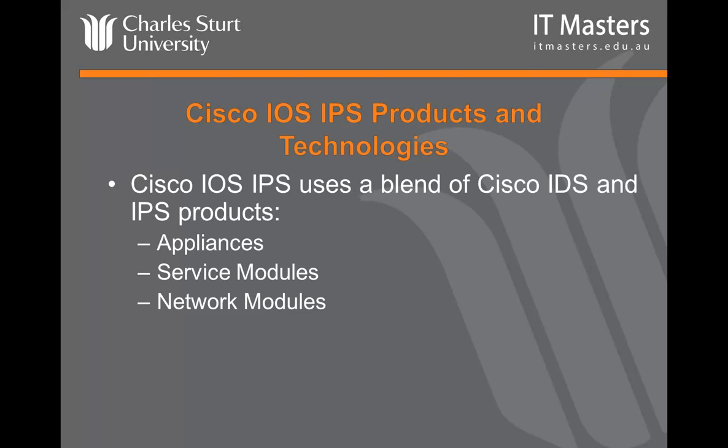As all good network engineers will know, the answer to any question is usually, it depends. And these devices are no different. They need to be tuned, they need to work out what's actually happening in your network, and it depends on what you're doing with your network, what you're trying to achieve.